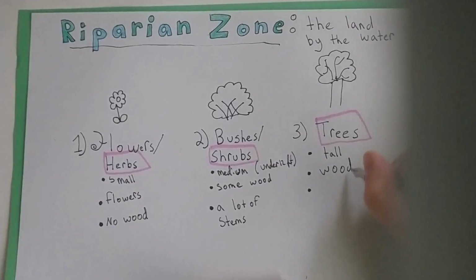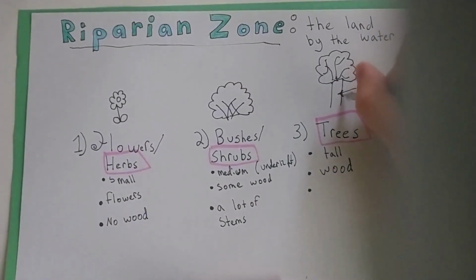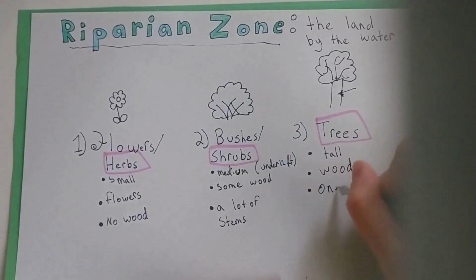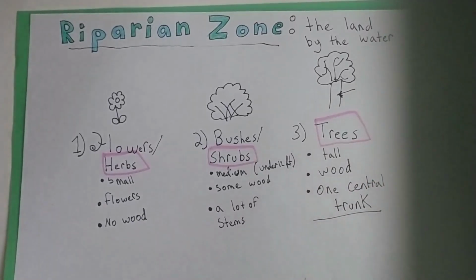That's why we use them in different products like toilet paper and paper. And they have one central trunk. Everything comes out of this right here. So those are the different plant types.